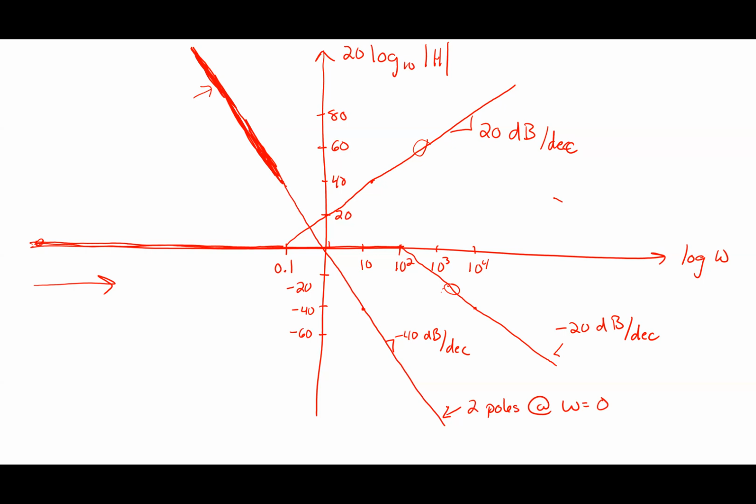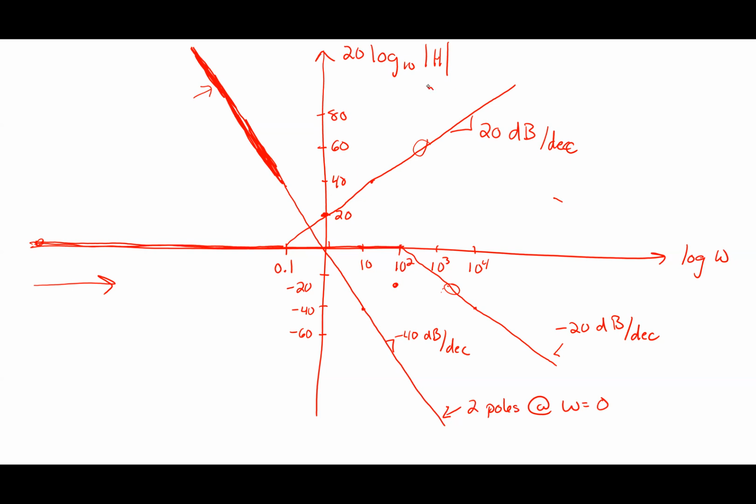Negative 20, minus 20, plus 20. So instead of falling at negative 40, now it's going to fall at negative 20, right? So he's going to be negative 20 from 0.1 to 1 to 10 to 100. I stop at 100 because what happens at 100? I got another break point, right?